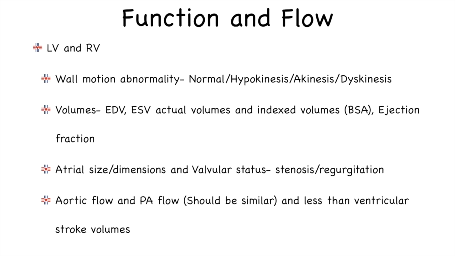Atrial size and the valvular status, whether there is significant regurgitation or not, needs to be commented on. Aortic flow and the pulmonary artery flow is calculated in every case in our institute, and we compare that with ventricular stroke volumes to make sure that there is good quality control and correspondence between the ventricular outputs.